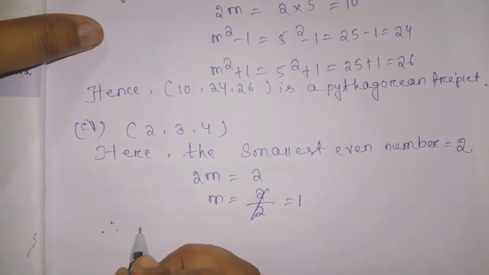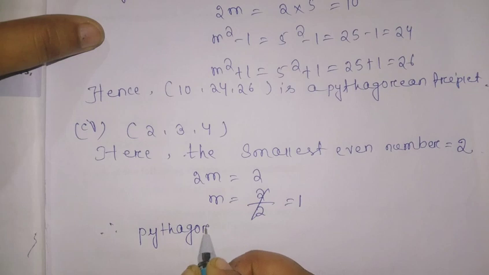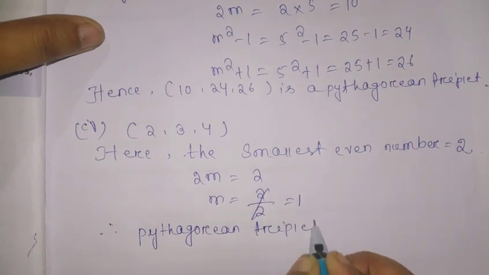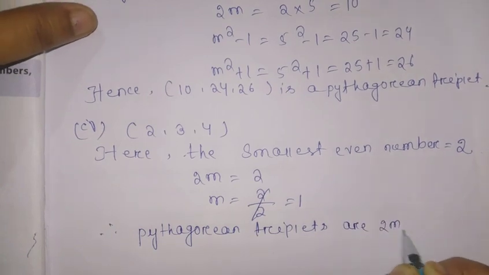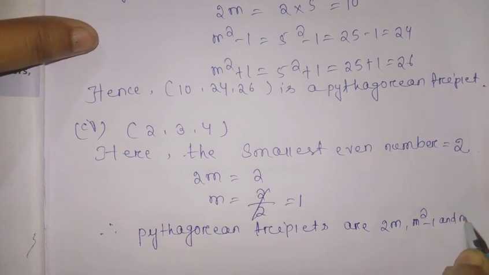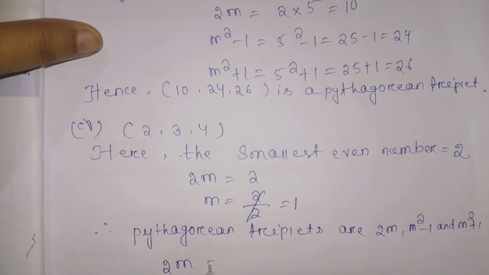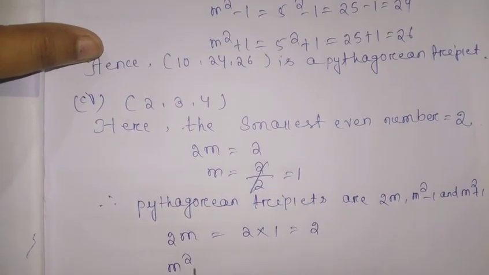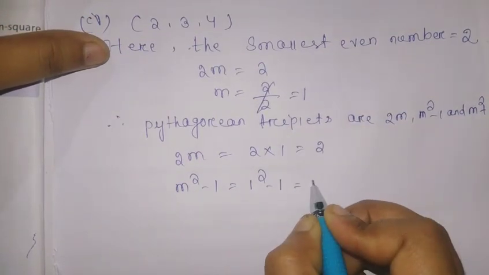Then the Pythagorean triplets are 2m, m square minus 1 and m square plus 1. First 2m equals 2 into 1 equals 2. Then m square minus 1 equals 1 square minus 1 equals 0.